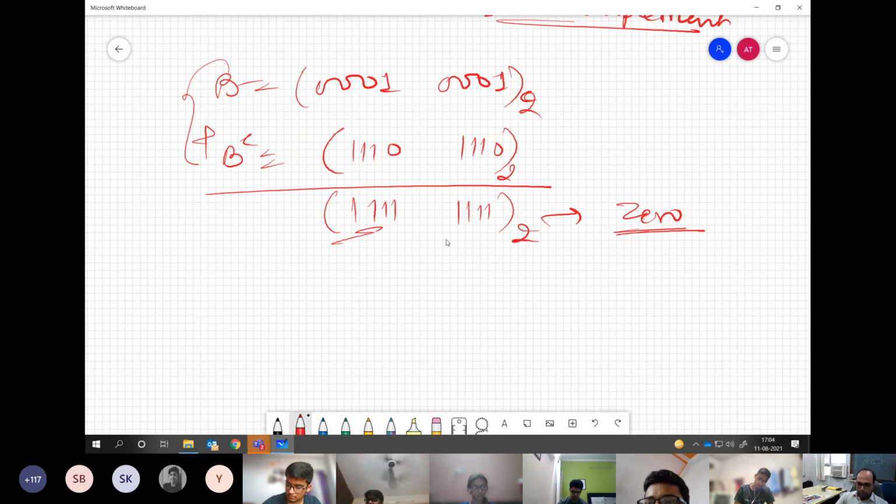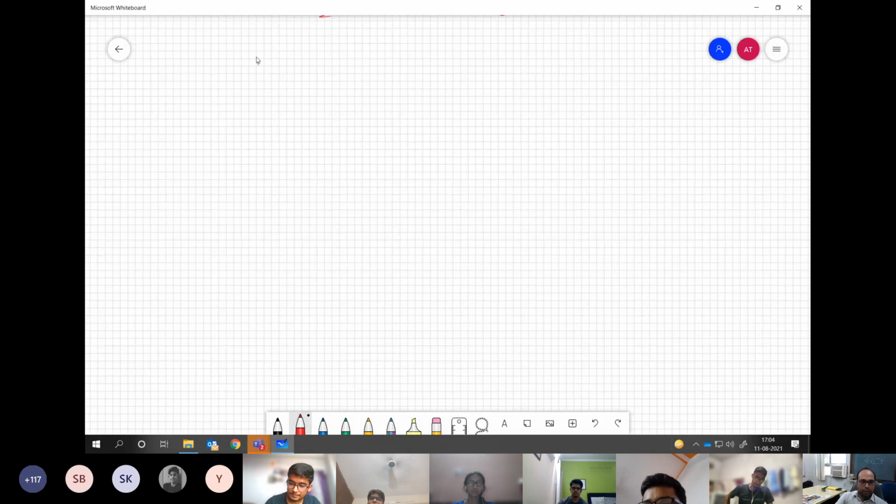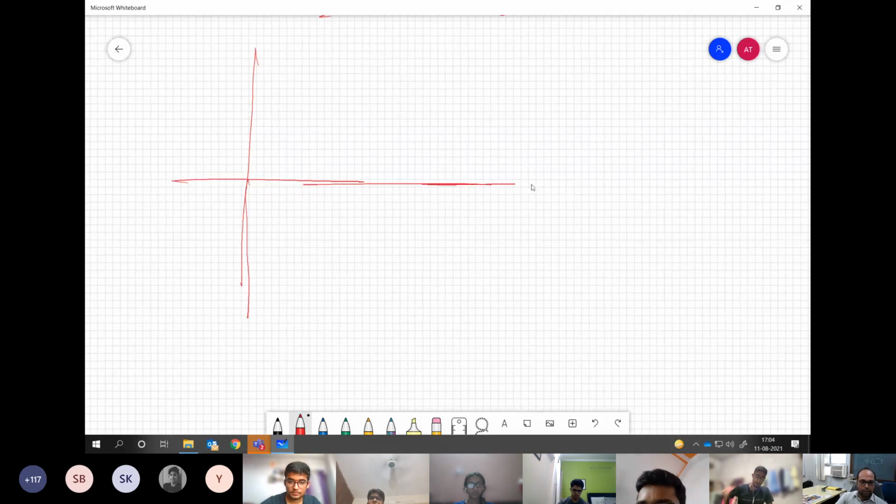And the most famous and most universally accepted system for complementary numbers is the radix complementary system, not the diminished one. The radix complementary system is the more popular one, and it has its own advantages. So to summarize everything we have seen, suppose we plot a graph for our numbers.